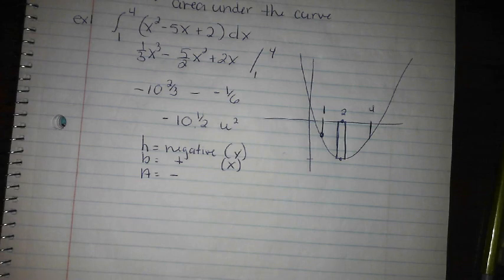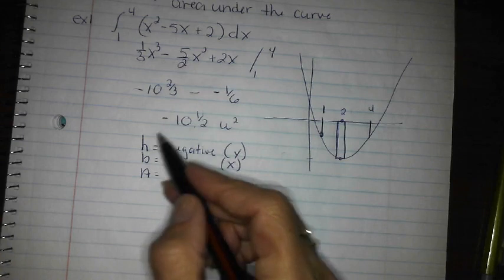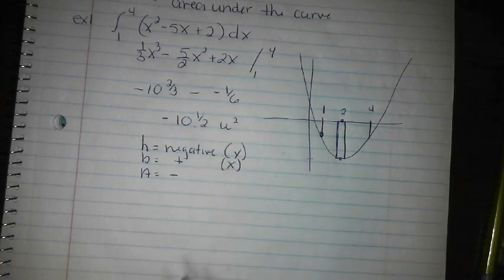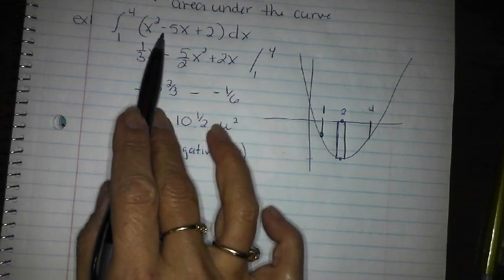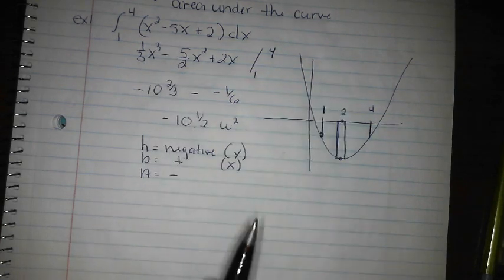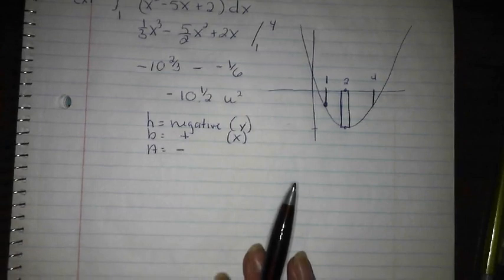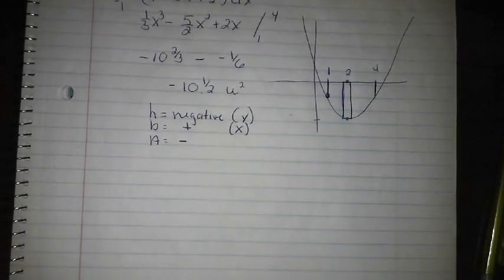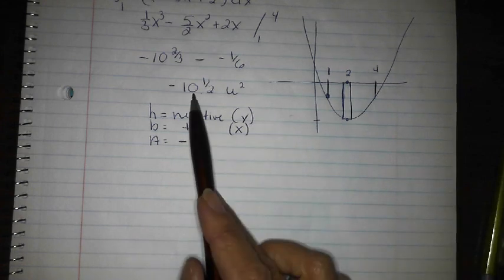So technically, if we wanted the area under the curve, we'd take the absolute value of that. But if we're finding just the antiderivative, the integral value is negative. It shows that direction. Okay, so that's one thing that can happen. All of your area below the x-axis makes the integral come up negative.